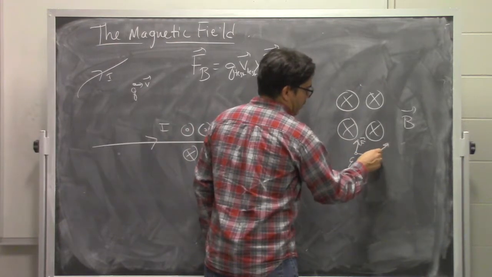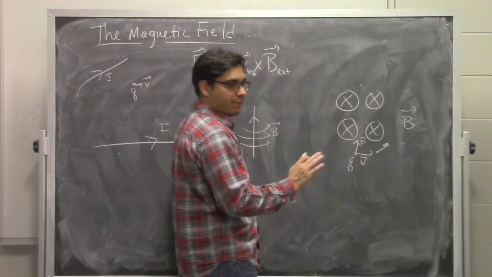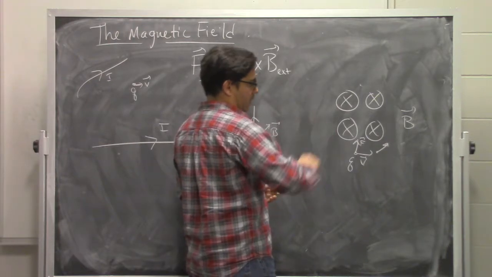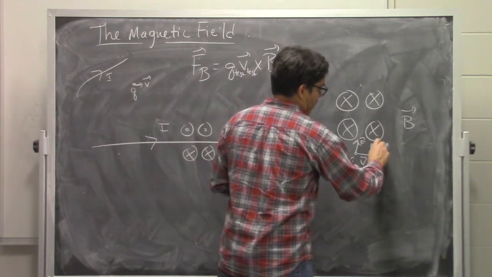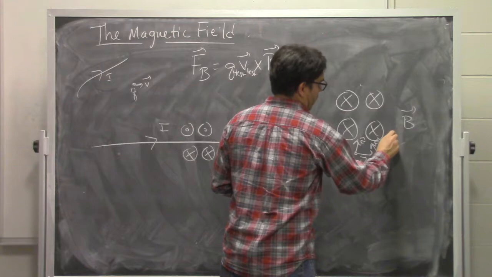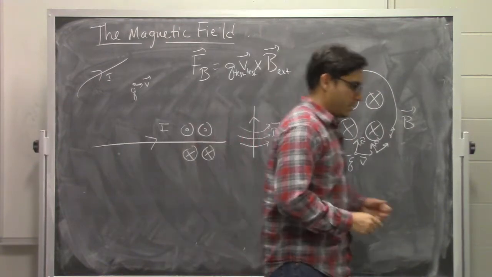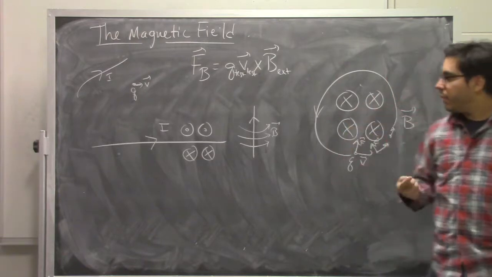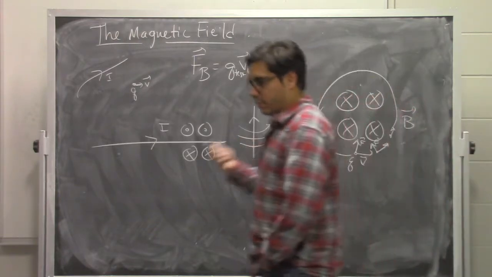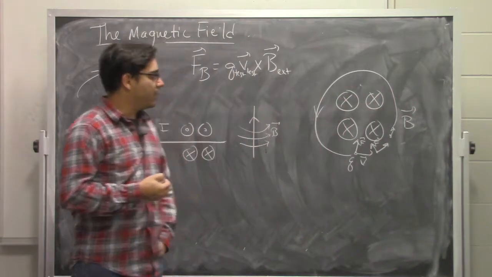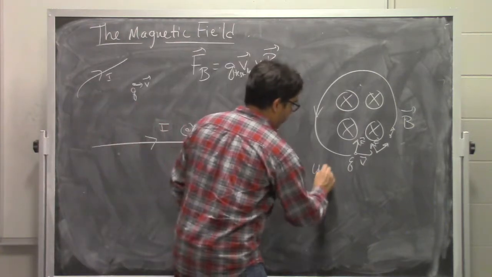And so at a later time, it'll still experience that same force kind of up and to the left in this case. And it'll continue on like that. The idea being is that the charge will actually orbit around this uniform magnetic field. It'll make a circular orbit. And so this results in uniform circular motion.